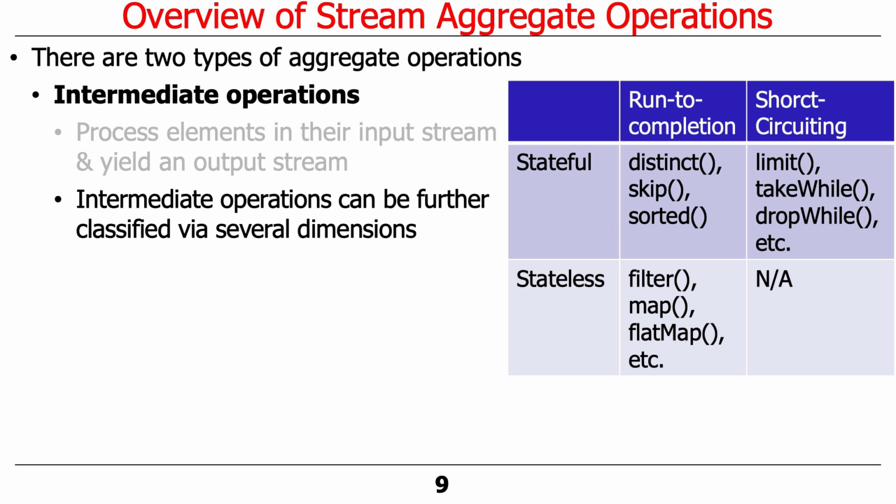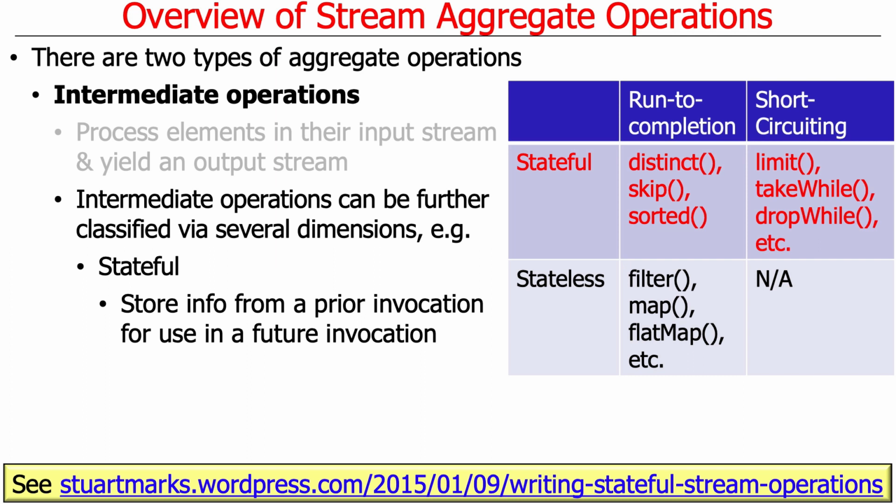You can classify intermediate operations according to several different dimensions, and I show them in this little table. So the dimensions are stateful and stateless, and run to completion versus short-circuiting. So those are the elements in this fourfold table. So stateful intermediate operations are going to require state from prior invocations to use in future invocations.